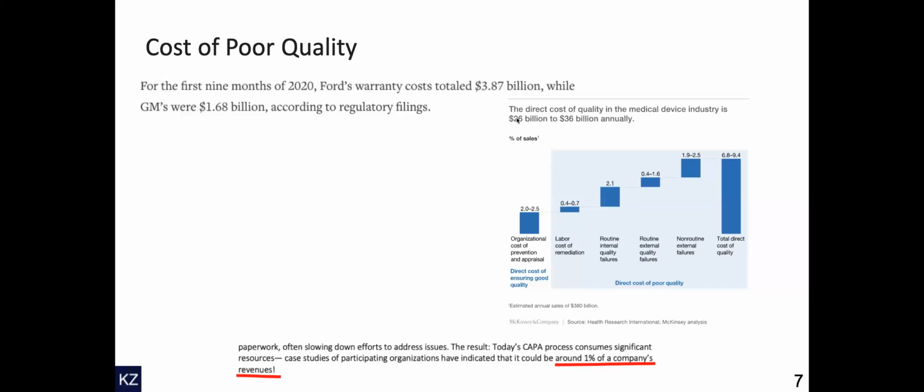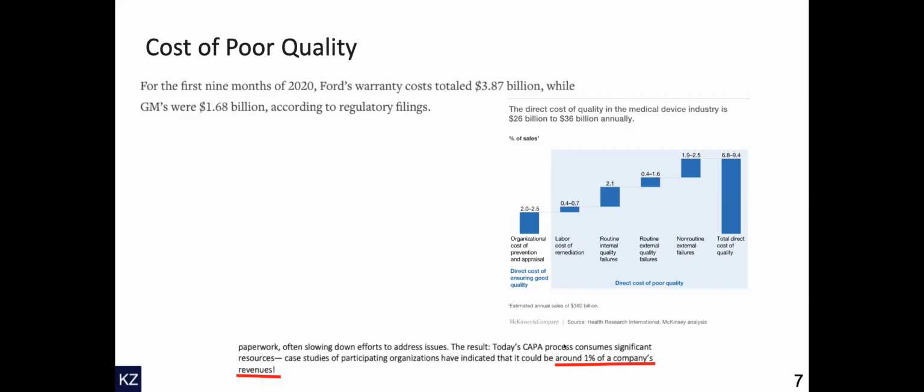This is something in the order of 26 to 36 billion in the medical device industry, and this is something that we'll cover later on. But the research that was done by the Medical Device Innovation Council concluded that up to 1% of companies' revenues make up the total corrective and preventive action process.